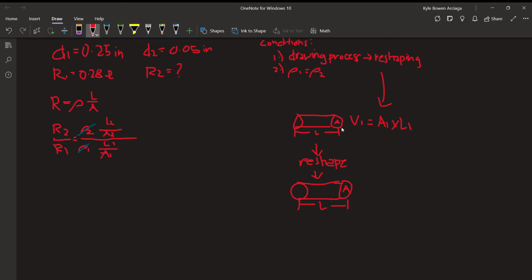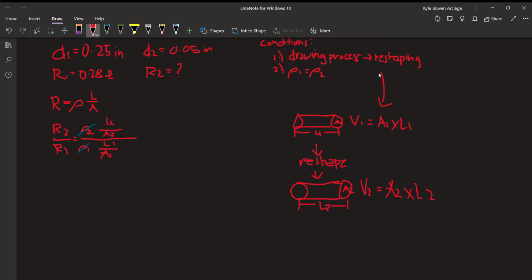Considering the cross-sectional area here is big and the length here is long, the length here must be short. So V2 equals area 2 times length 2. This is 1, this is 1, this is 2, this is 2.